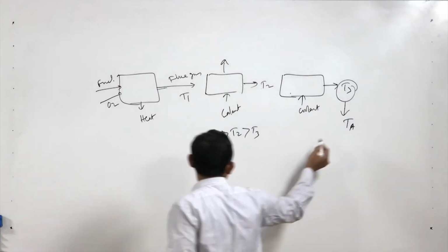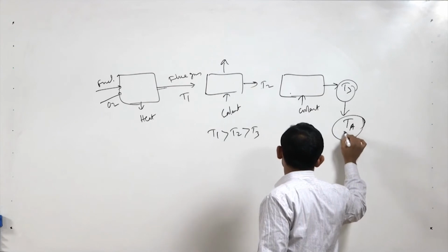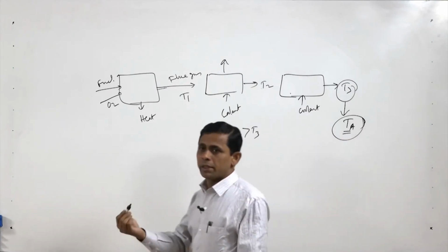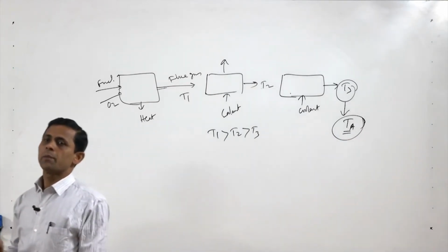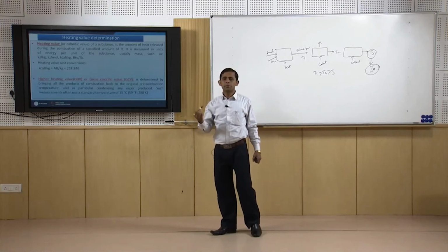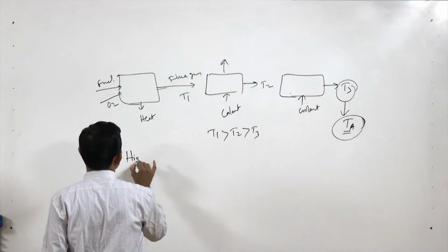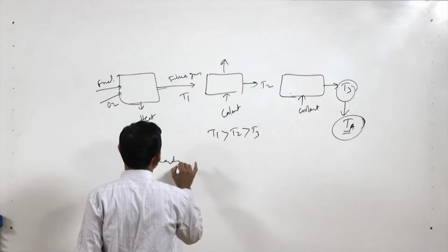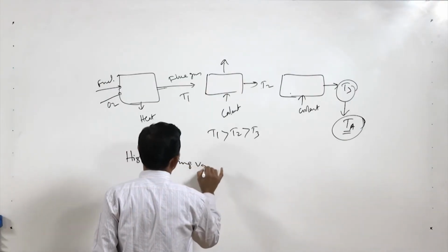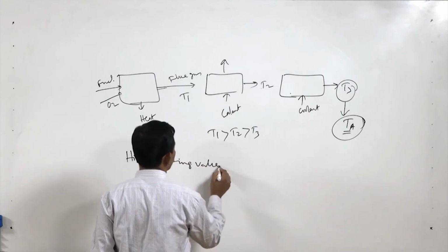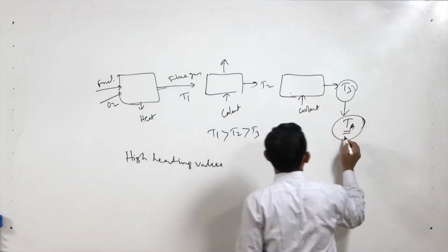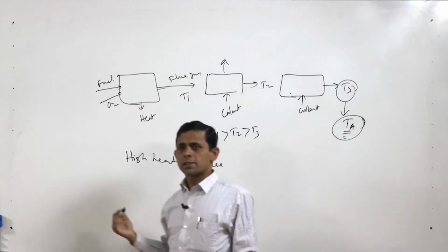When TA, that is temperature, is the ambient temperature, in that case we will get the maximum amount of heat for our further application. So that is called high heating value. So high heating value we get when the gas temperature is in ambient condition. Normally this is 15 degree centigrade.